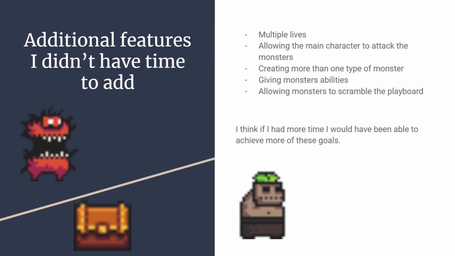But if I did have more time, I plan to add more lives, maybe different main characters, since there's just a knight right now. I'd allow the main character to attack the monsters, give monsters abilities to make it more interesting than just a skeleton that chases you, and maybe an ability that scrambles the playboard while playing. But yeah, I would have added those.